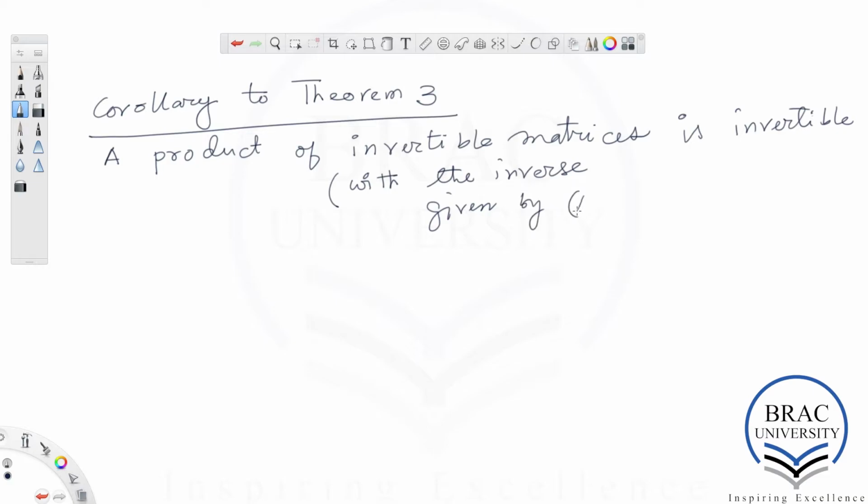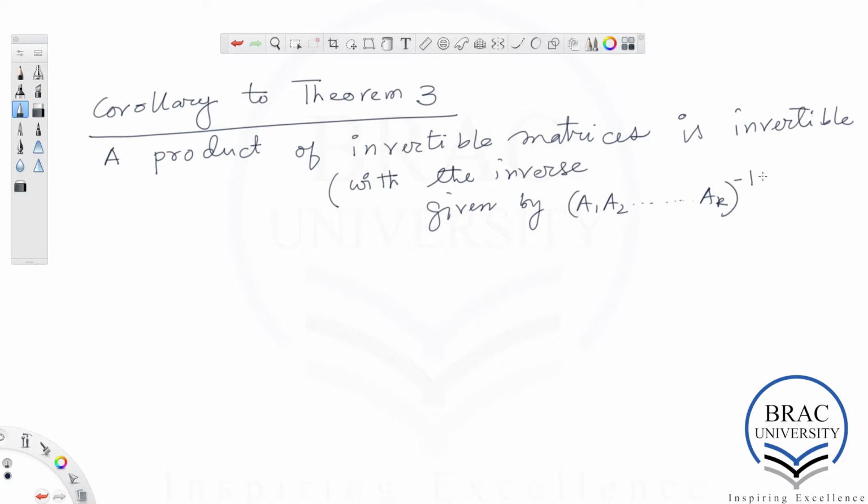Given by, so you have a bunch of matrices, square matrices of the same size, where each of these factors is invertible.